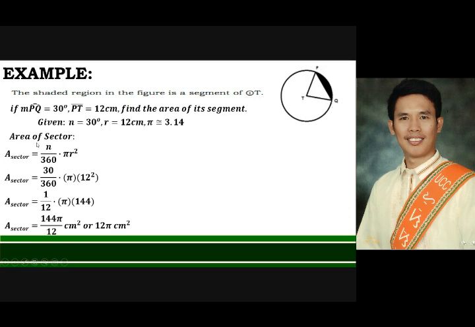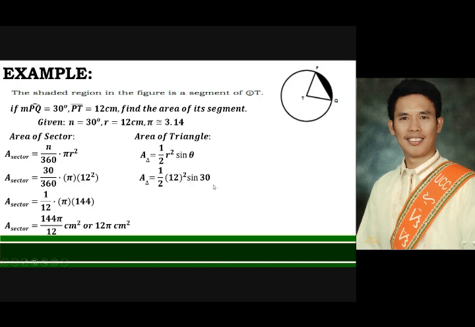Next, since we have the sector, let's get the area of the triangle, the unshaded part. We get it using the formula 1/2 r squared sine theta. Our degree here is 30. So, we have 1/2 times 12 squared times sine 30.